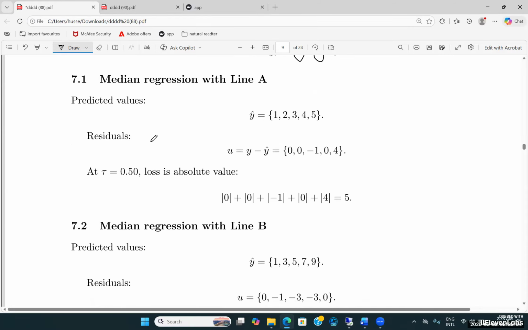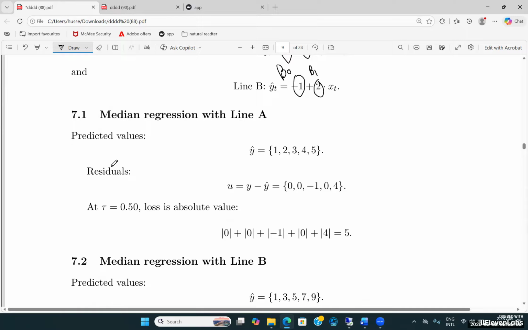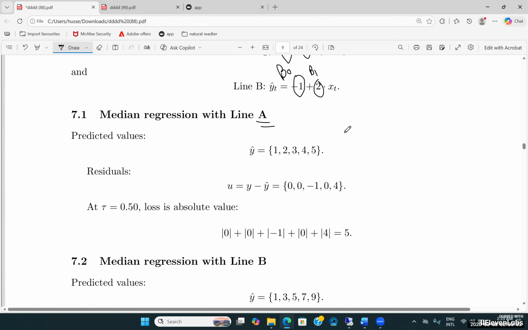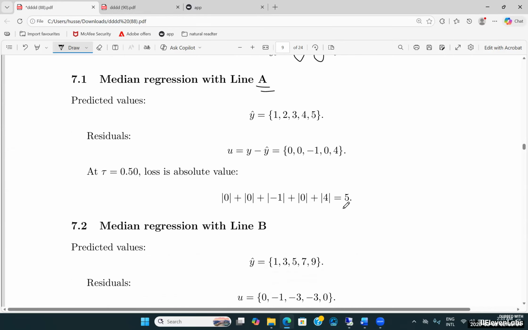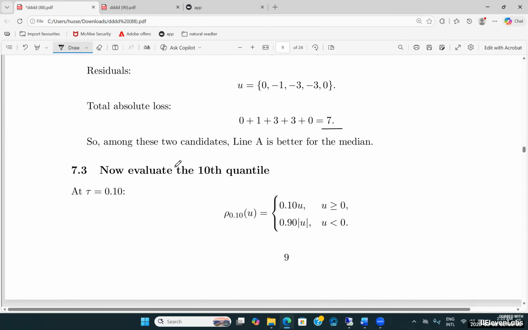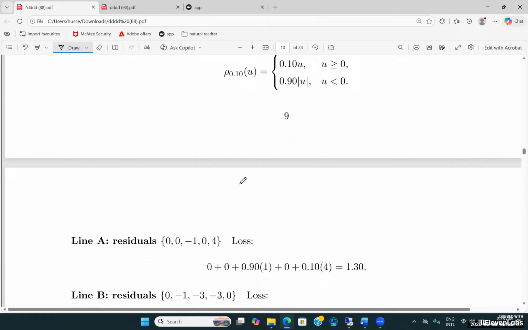So when we are specifically discussing the median regression model, the particular line that will consistently provide the lowest error is clearly line A. However, if you want to find the quantile regression focusing on the 10th percentile, the 10th quantile regression, then the solution will be different.